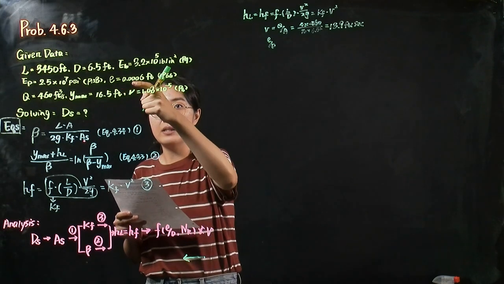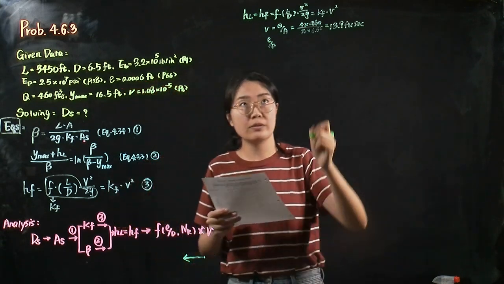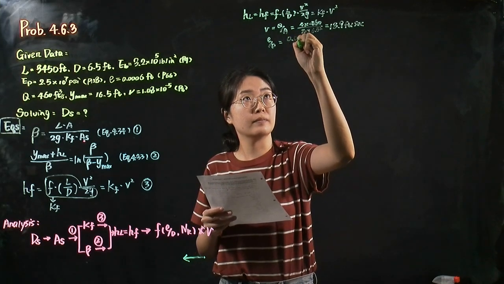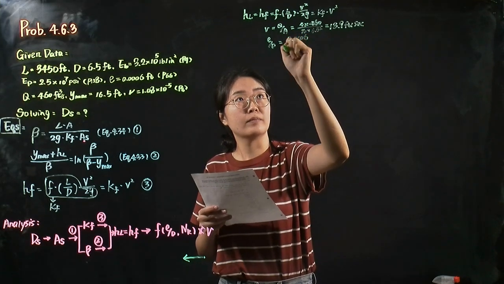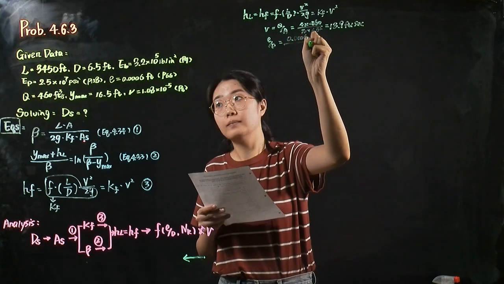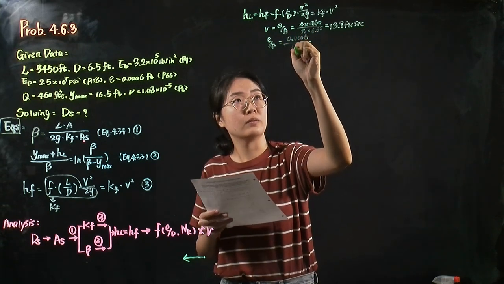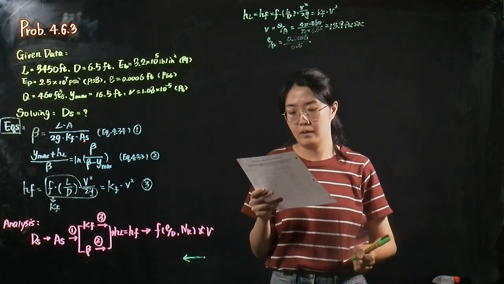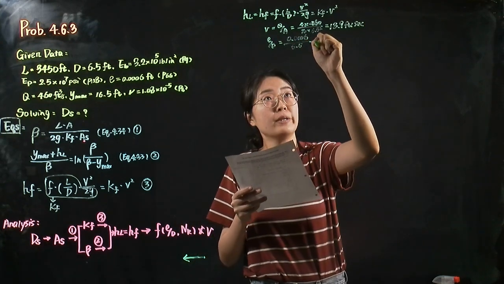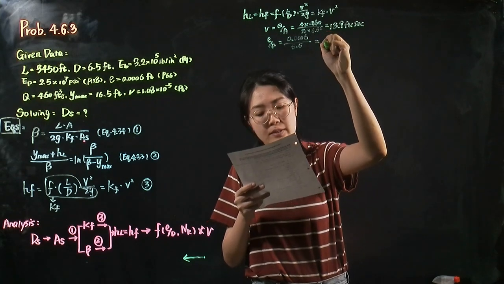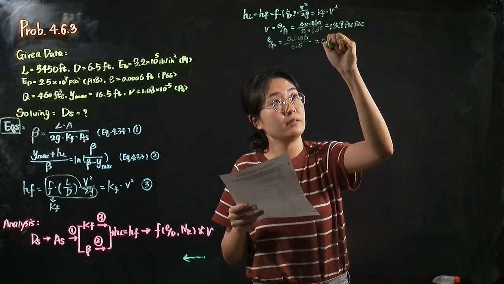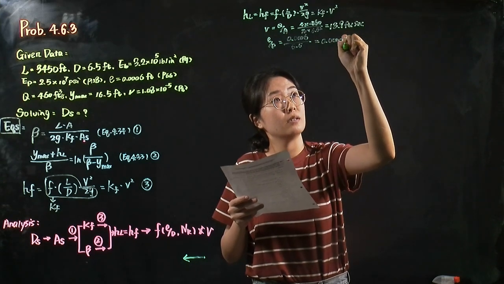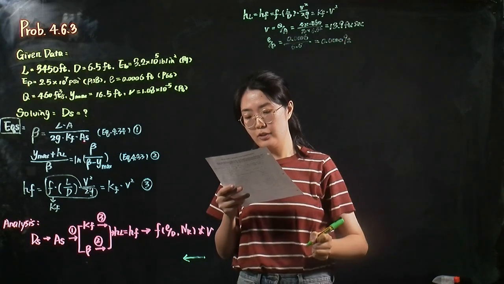The roughness equals 0.006. And the diameter equals 6.5. Then we can get the relative roughness. It equals 0.00092.